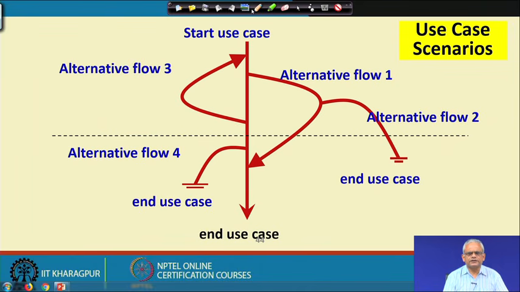User chooses savings account, and then the system asks for the amount. User enters, let us say, 2000 rupees, and then the system asks, do you want a printed receipt? And the user enters yes, and then the cash is dispensed and the printout is generated and the use case terminates.